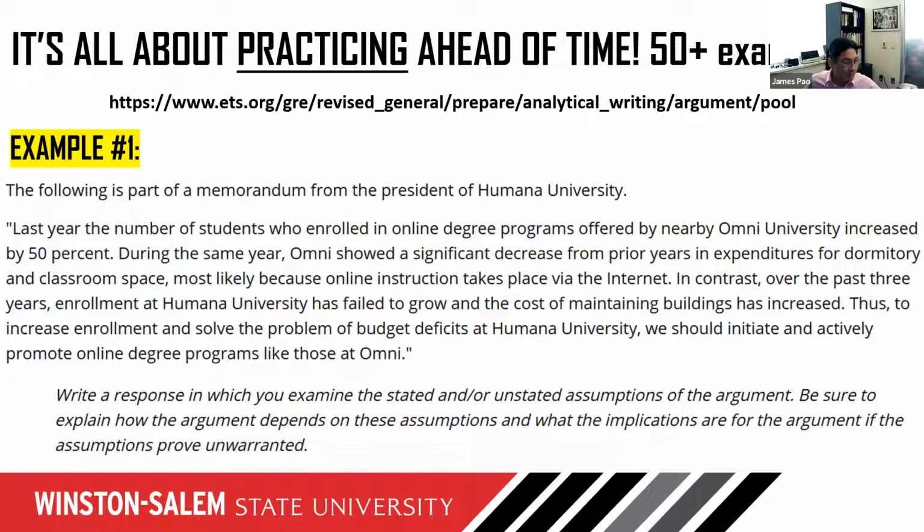Because Humana has to have all the infrastructure, all the people, all the professors who can do online. They have to have all that in place in order to copy Omni. And so that's an assumption. So that's an example. That's how you go about it, figuring out what assumptions are in this particular argument.